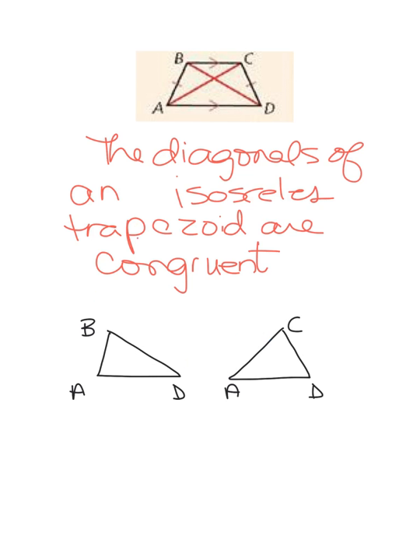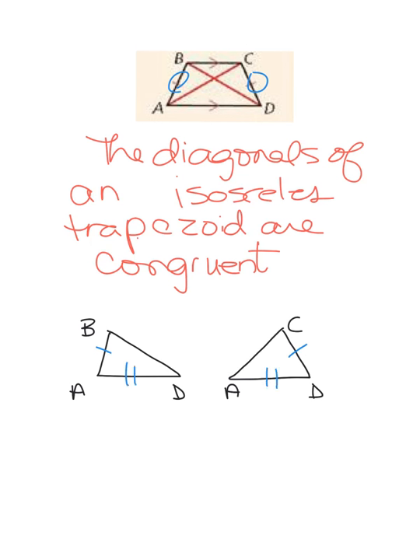Now, an interesting thing about an isosceles trapezoid is that we know the diagonals are congruent, and this is why. In an isosceles trapezoid, we know our legs are congruent, so I'm going to work with these triangles down here that I redrew. So we know that CD and BA are congruent, we're given that. AD is reflexive, so this piece right here is congruent to that piece right here because it's the same thing.